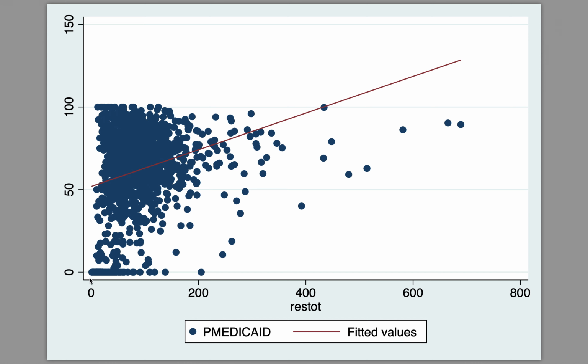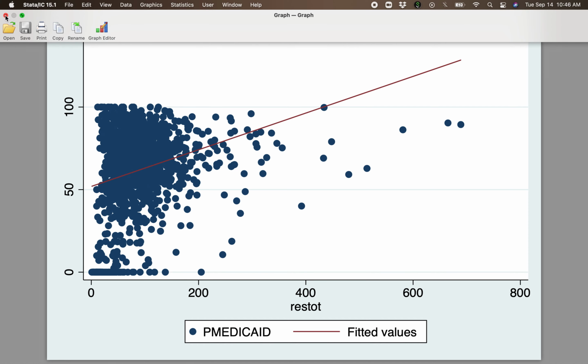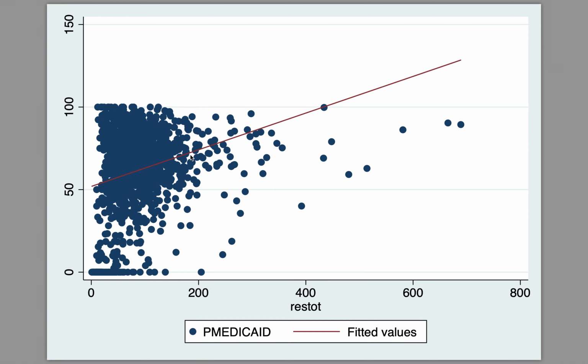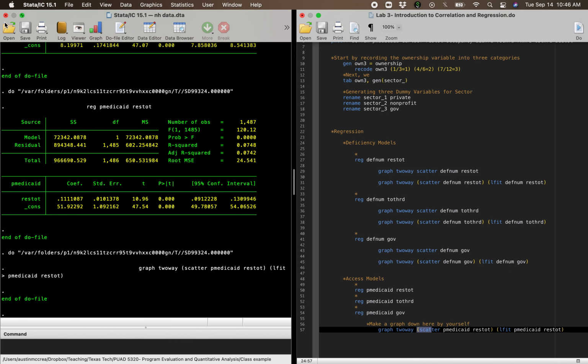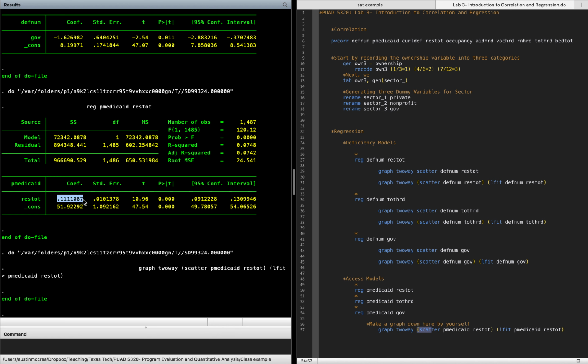We see here at the value of 0, the y-axis is equal to about 51. So the baseline is that the nursing home has 52% of Medicaid patients. But for every 1 unit increase in the number of residents in a bed, we see that slope increase. And that slope here is the exact same slope that we see here. So we see a positive association.